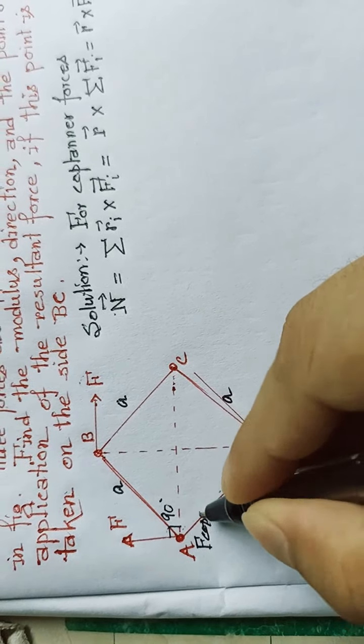Now the projection of the force which is acting on point D will be in this direction. Now this angle is 45 degrees, so the projection of this force on the positive x-axis will be root 2 F cos 45 degrees.